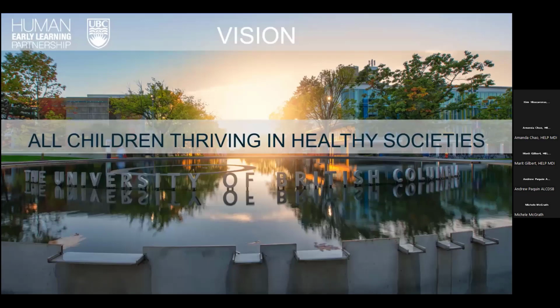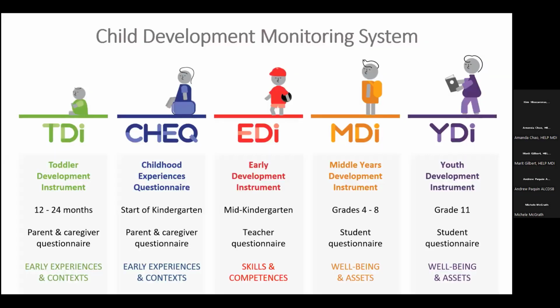We are a part of HELP, or the Human Early Learning Partnership, which is a collaborative interdisciplinary research network based in the University of British Columbia, and it focuses on child development. Our vision is all children thriving in healthy societies. So to start with a brief overview of the MDI and who we are at HELP.